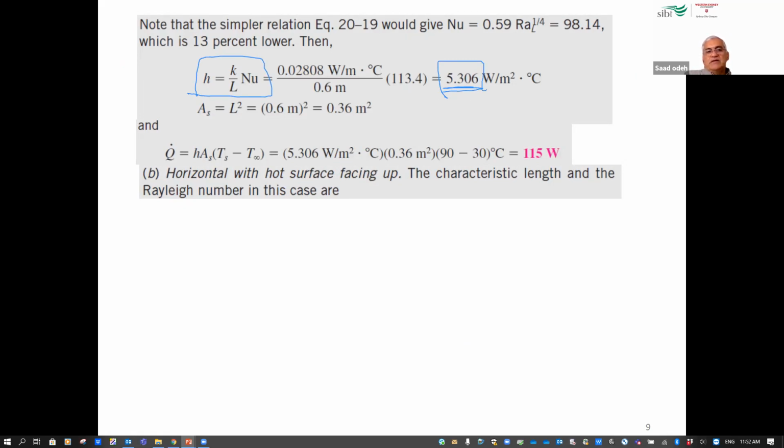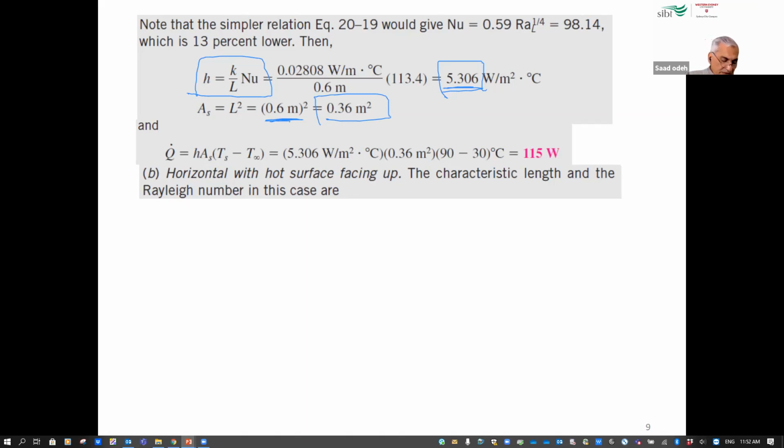Now the heat transfer area: we said it is the surface area of the square. This side of the square is 0.6, so 0.6 squared gives me the area of the plate.